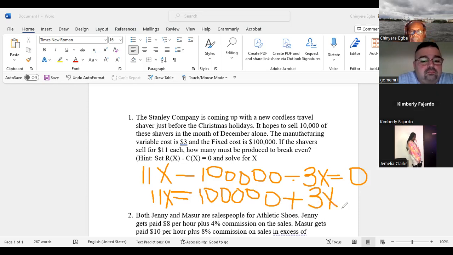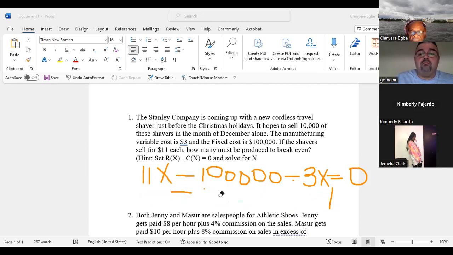So in your notes, please change the R to x. Just change the R to x. So now what you have is 11x is equal to 100,000 plus 3x. So you're going to now put all the x's on one side and you put the 100,000 on the other side. So you solve for x.